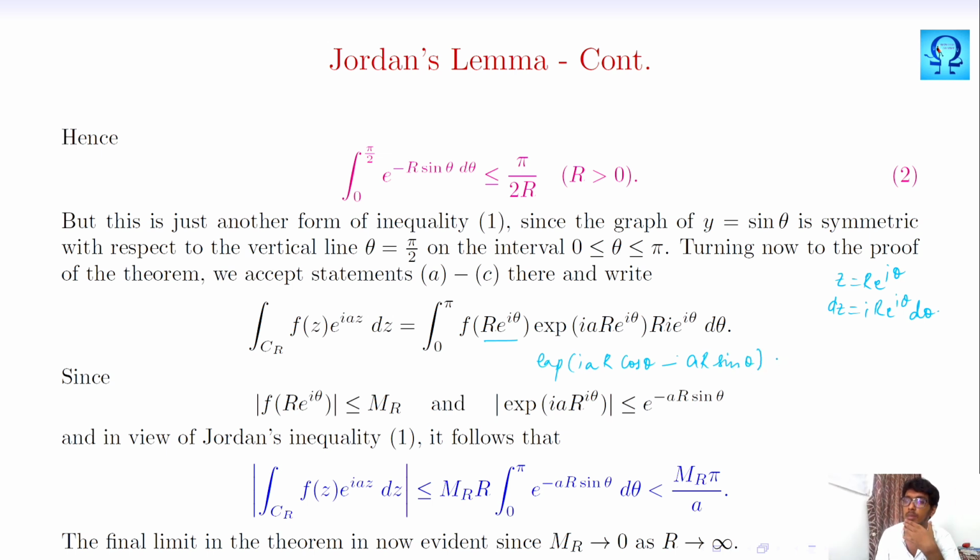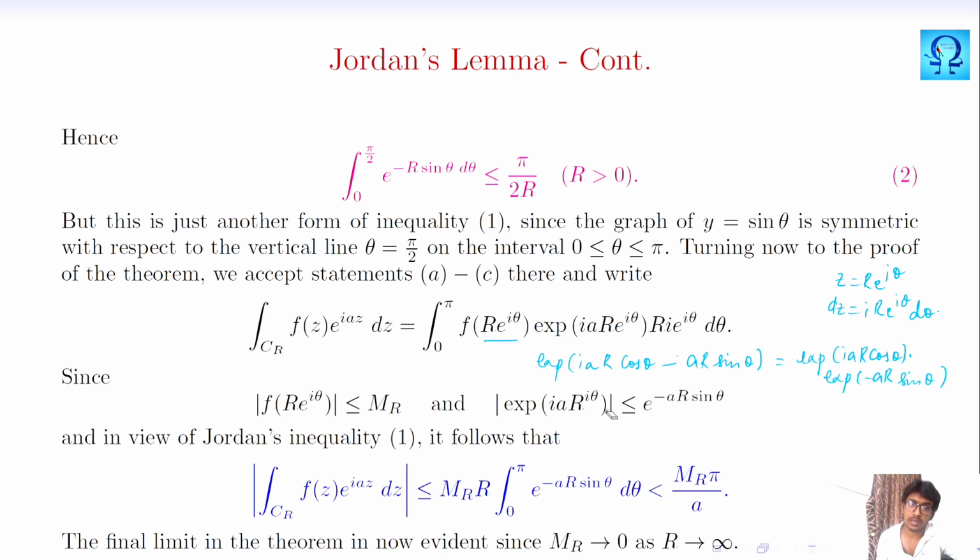Now exponential of a minus b, I can write as exponential of i a r cosine theta multiplied with exponential of minus a r sine theta. Now when I take the absolute value of this particular term, because of the exponential of this I would get this value equal to 1, because it is cosine of something plus iota times sine of something. So when I take the absolute value, that becomes 1. So only this term is left. So that is what I have here.